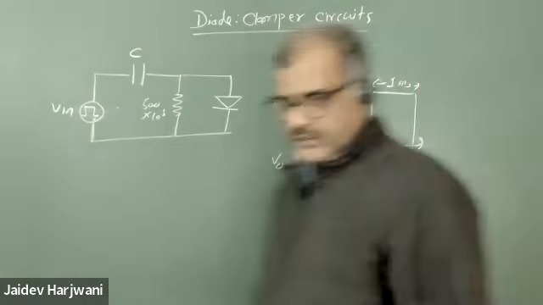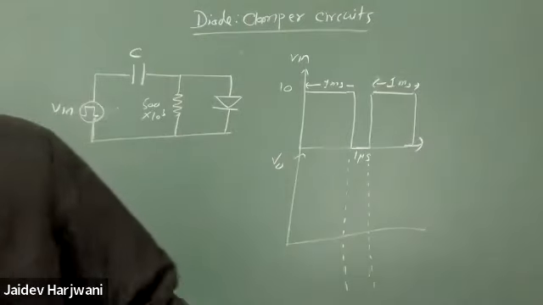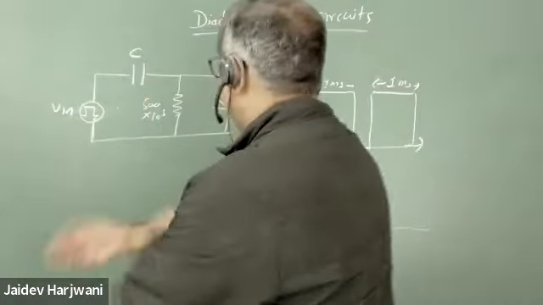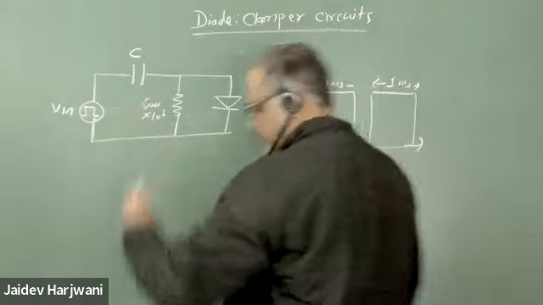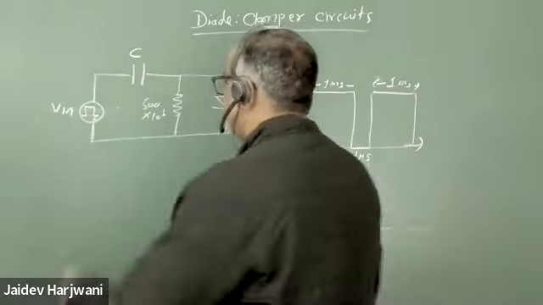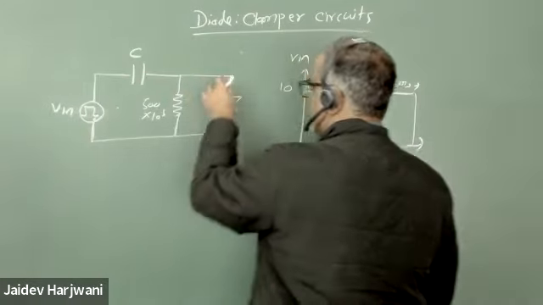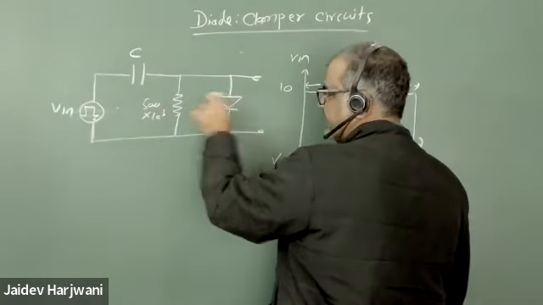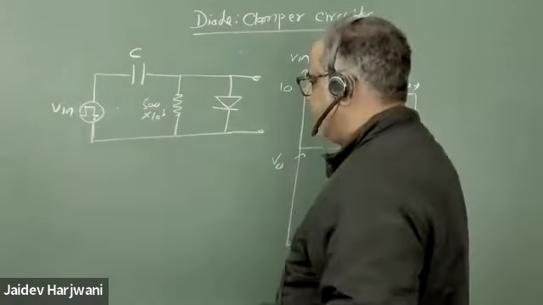Like yesterday, in our last class, we discussed: whenever you apply a pulse, first your capacitor will charge and your diode will be short circuited, because the diode is conducting for the positive cycle.